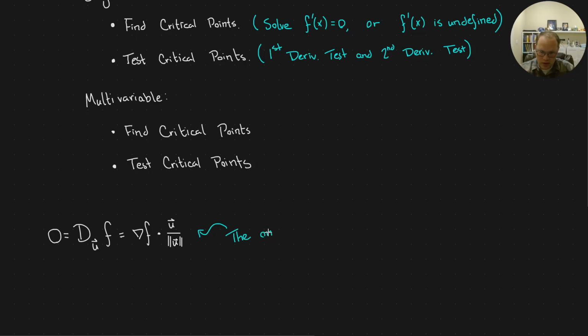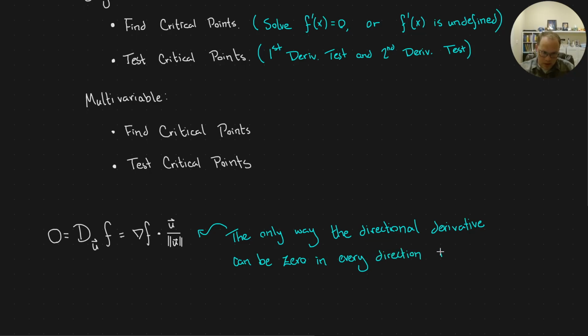So the only way the directional derivative can be 0 in every direction, the only way we could get a horizontal tangent line in every direction, is if the gradient of the function is equal to 0.